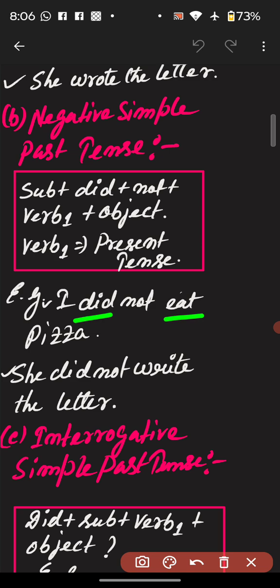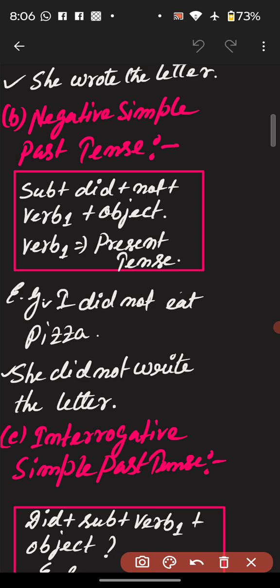The form of the do verb has already changed from present to past. So I write it as did, not do. I did not eat pizza. As one verb has already changed its tense, the main verb will not be changed. It will remain as it is in the present form. Is it clear?